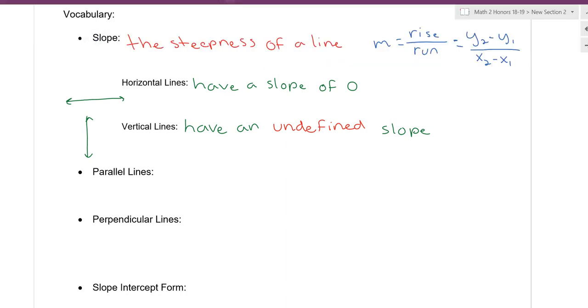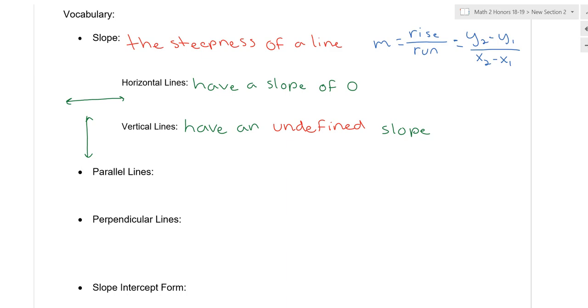All right, parallel lines. Parallel lines are two lines that have the same slope. Okay, so if two lines have the exact same slope, we say they are parallel, and they will never intersect. Right? Perpendicular lines are lines that cross at a right angle. So for this one, we want to know about their slope.